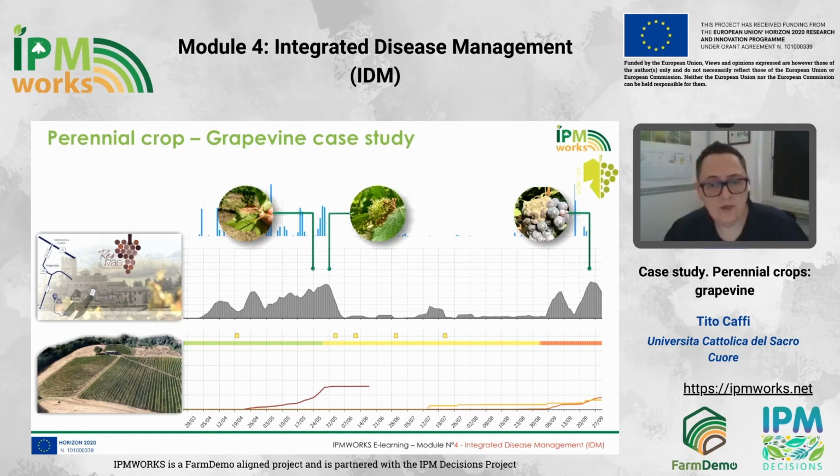In this case, we have another trigger, another alert for a chemical application. Maybe a fungicide application only according to phenological stages is not so efficient as having information about how much and how far the epidemic is developing.